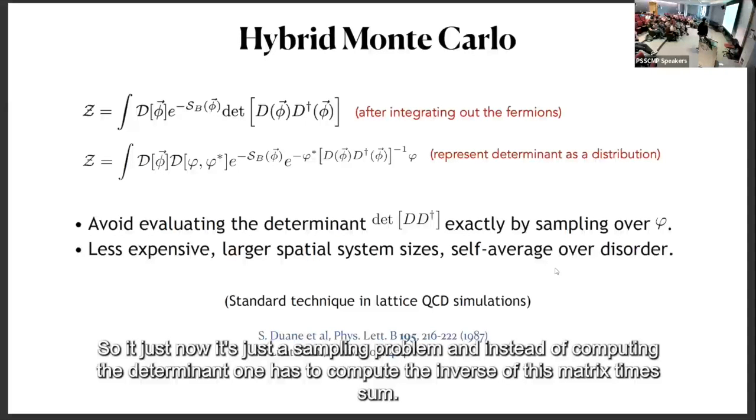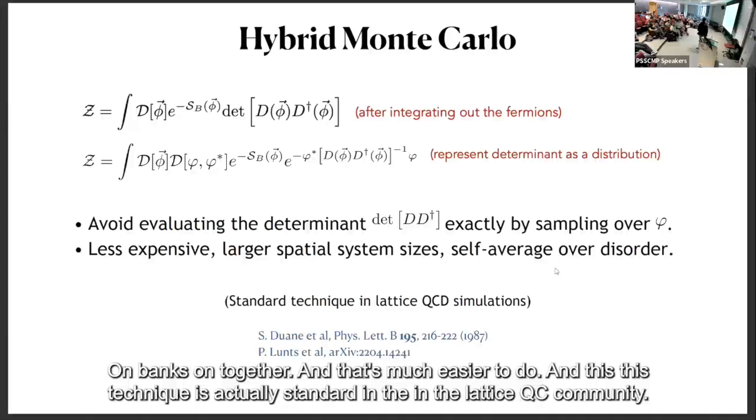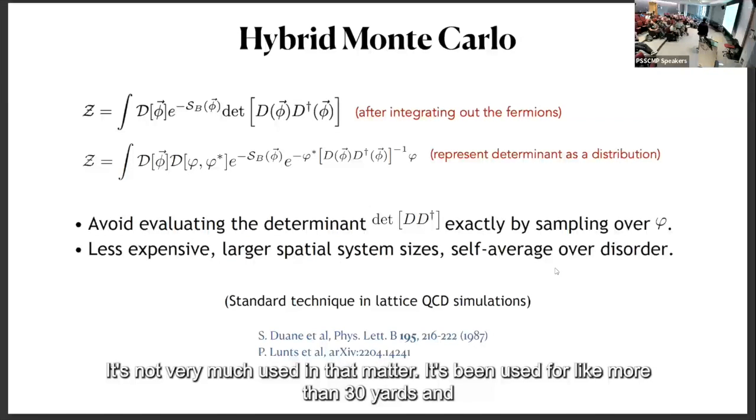So it's just a sampling problem. And instead of computing the determinant, one has to compute the inverse of this matrix times some scalar, and that's much easier to do. And this technique is actually standard in the lattice QCD community. It's not very much used in condensed matter, but it's been used for more than 30 years in lattice QCD.